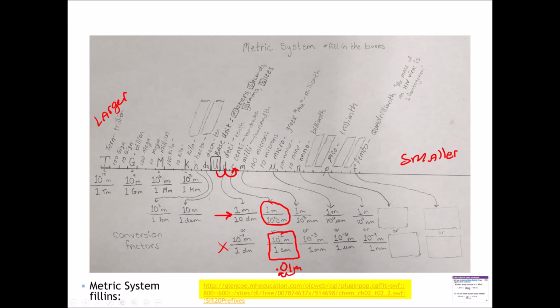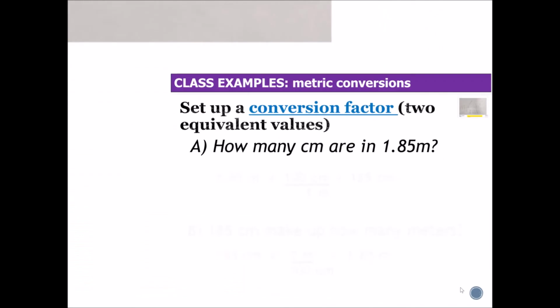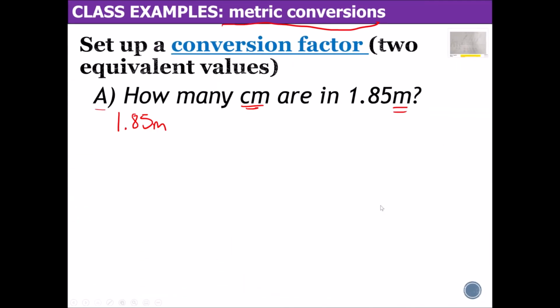Now that we know that there are 100 centimeters in a meter, I'm going to go back to my slide and write my conversion factor. 1.85 meters times, we're going to do this in fraction form using a numerator and denominator.